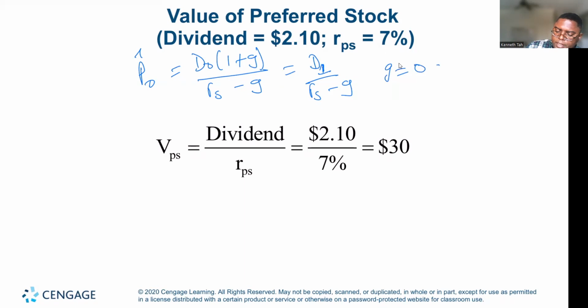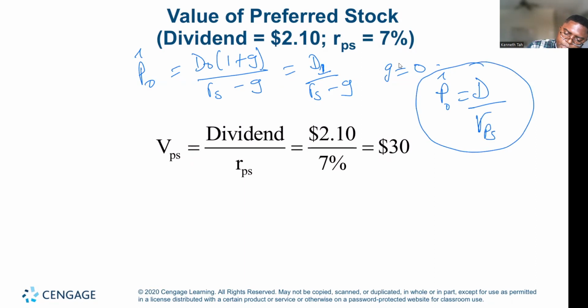So in reality, the value of P0 for preferred stock is basically going to be the dividend divided by the required return for preferred stock. So that's why we say the value for the stock is basically the dividend divided by R. So if we look at the growth model, this g is zero.